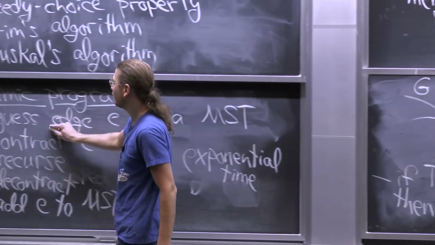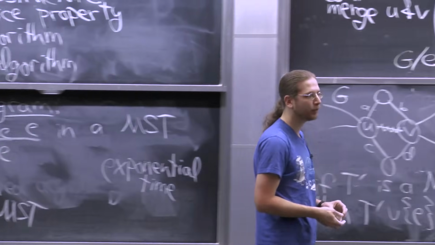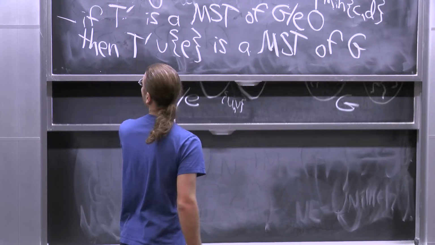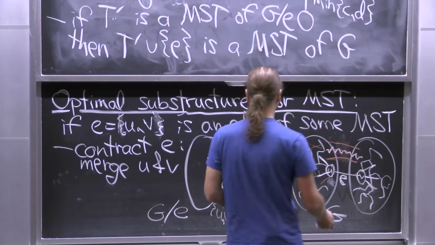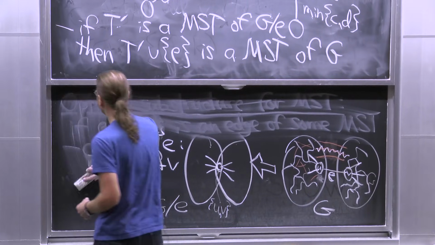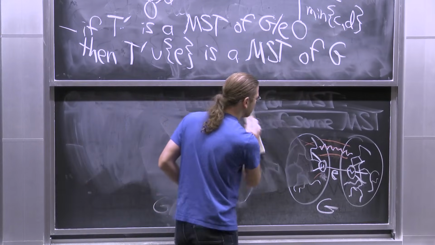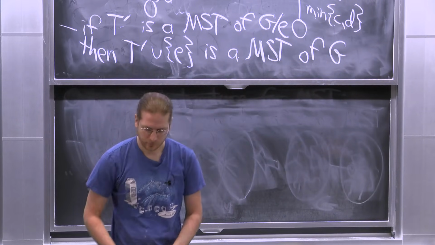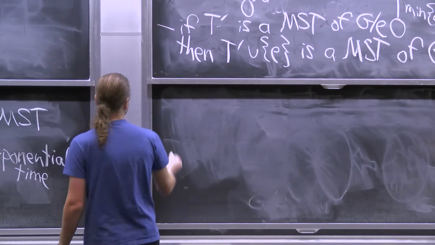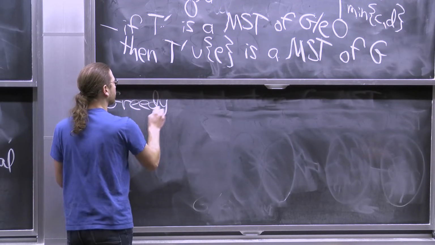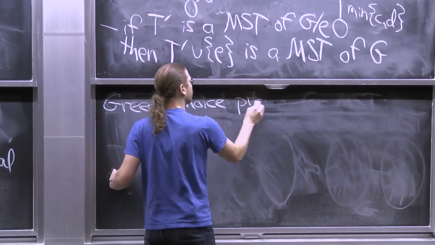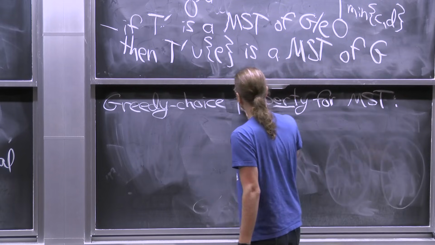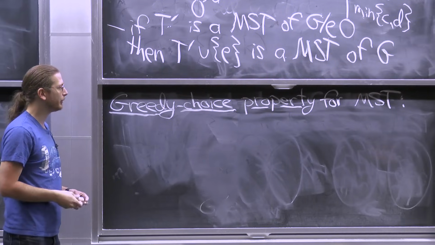We need some way to intelligently choose an edge E. And I'm going to give you a whole bunch of ways to intelligently choose an edge E. So here's a really powerful lemma. We're going to make it even stronger in a moment.